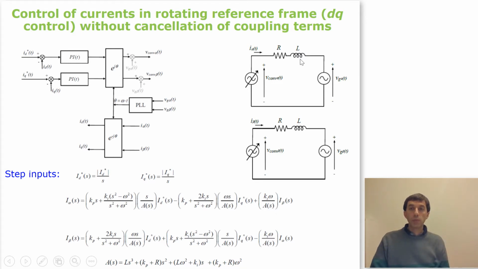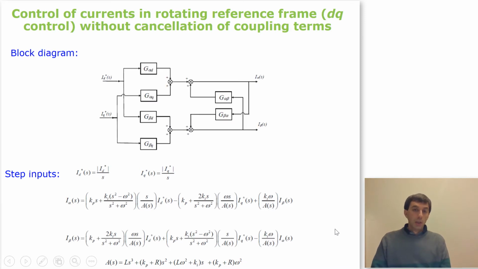In the previous terms, the filter inductance effect appeared, but now we don't have those terms. Again, at the denominator, we have the typical third order equation that is appearing in all the controls, in alpha beta control and in both versions of DQ control.